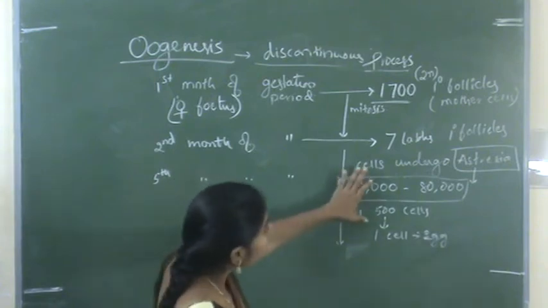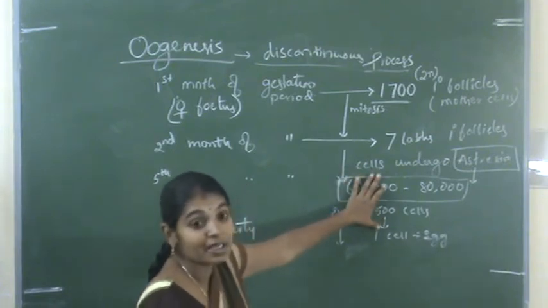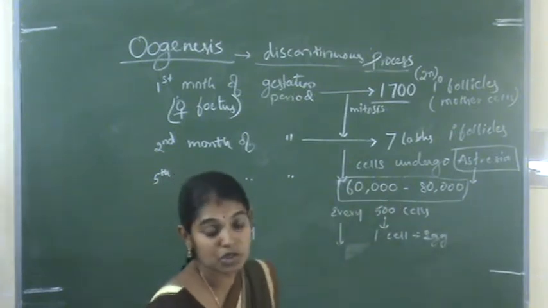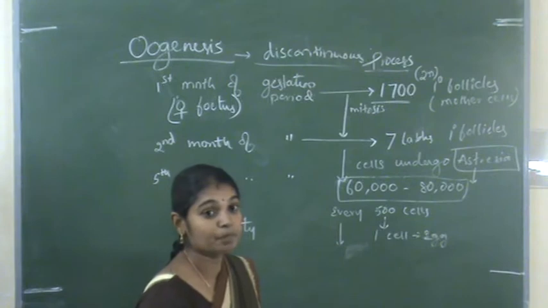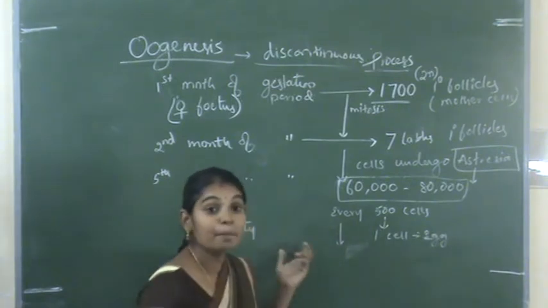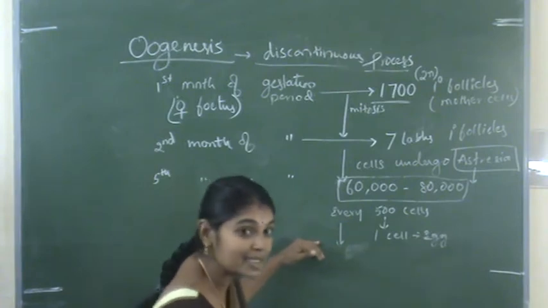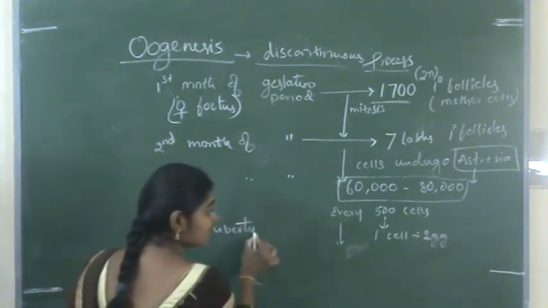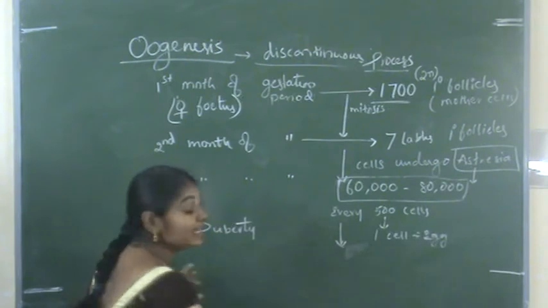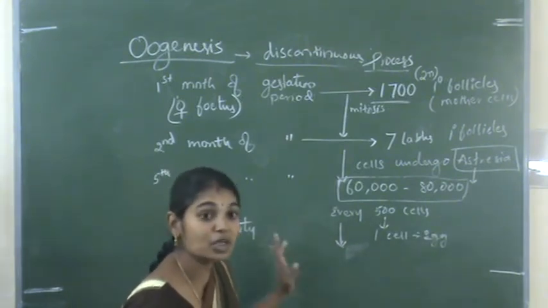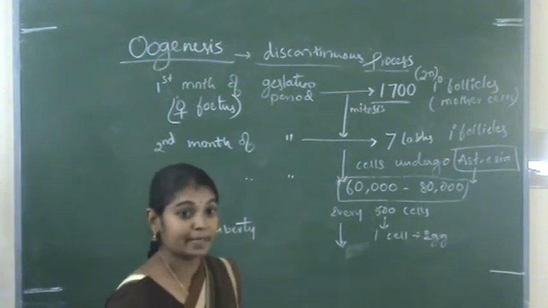So further these primary follicles develop into the primary oocyte or secondary oocyte, oogonia. So that is during the puberty stage, and the development of the egg takes place only after puberty.